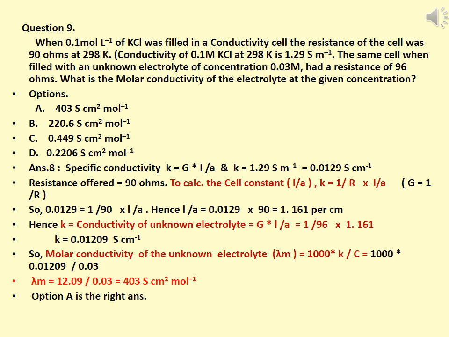So substitute the kappa value, 1000 multiplied by 0.01209 divided by 0.03, we get the molar conductivity to be equal to 403 Siemens centimeter square per mole. Therefore, lambda m, the molar conductivity of the unknown electrolyte, is 403 Siemens centimeter square per mole. Option A is the right answer.